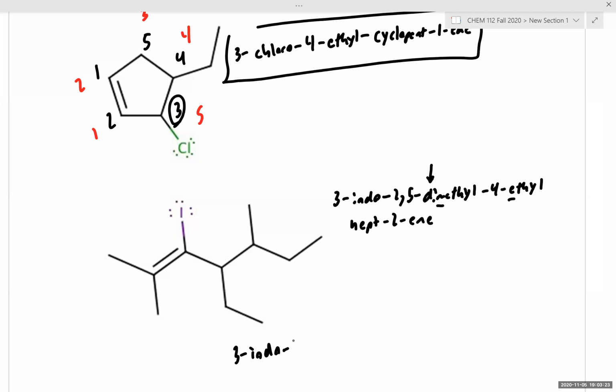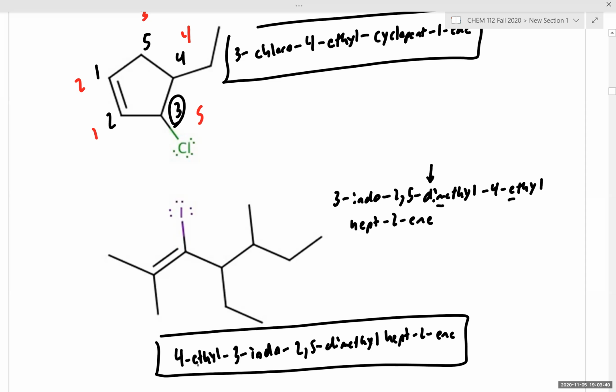Oh, right. And the student even noticed that based on the alphabetical order, ethyl should be first. Great to see. So we have 4-ethyl, 3-iodo, 2,5-dimethyl, hept-2-ene. Perfect. So now everything's in alphabetical order, E before I, and then E and I go before M.